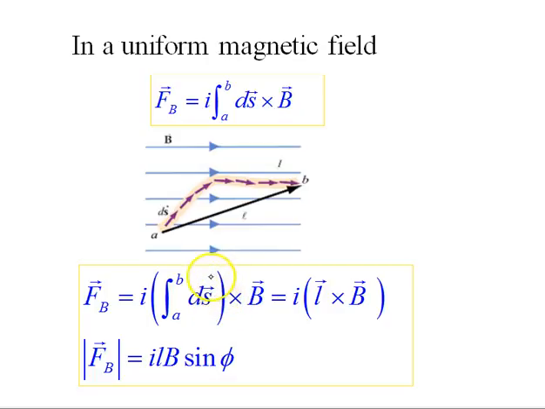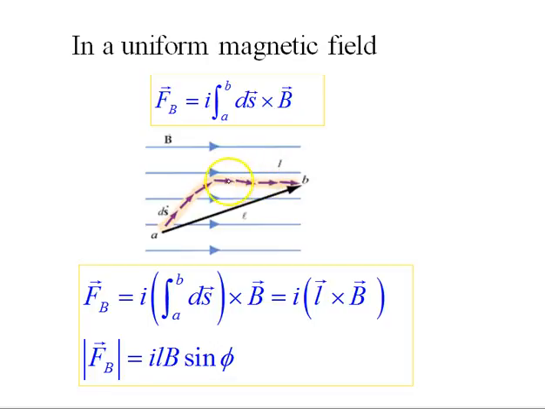We're doing our integral from B to A of our ds segment of that movement of the current, which is the movement of the charge. But that integral from B to A is going to be this length L here. So our magnetic force is still our I L crossed B.